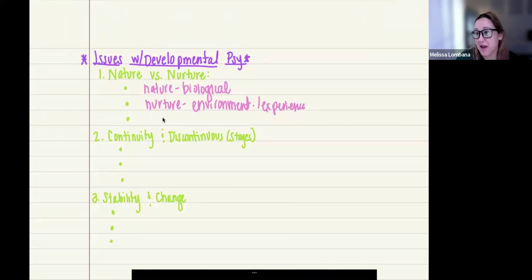Many times some environments, or nurture, are more supportive of it, going to therapy, getting as much support as possible, while in other environments they maybe don't have the resources to do that or the education to know, hey, my child may need these types of services or therapies. So it's that debate of which one is the most impactful for development.